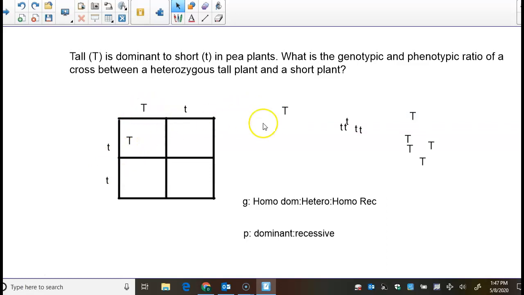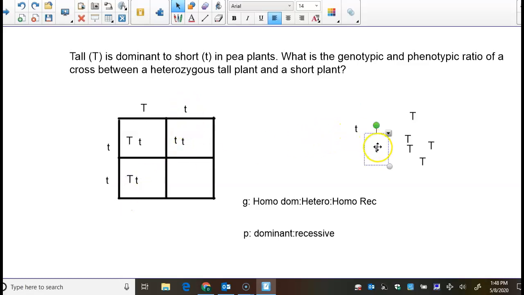So we're just going to do big T here and little t from here. This one's going to be two little t's. This one is going to be big T, little t. And then this one is going to be little t, little t. So that is the possible outcomes of a cross between those two individuals.